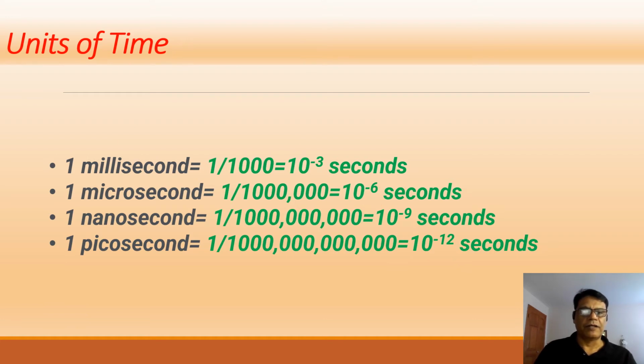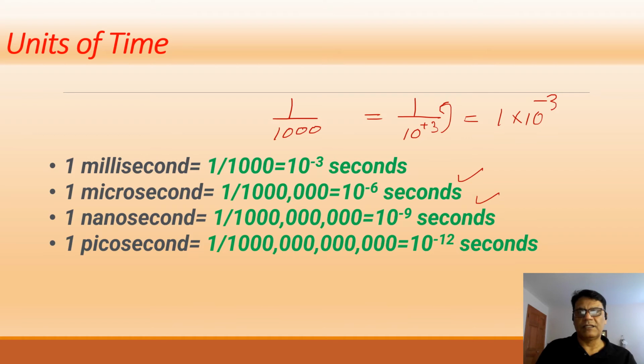And you can convert these. 1 millisecond means 1,000th. Similarly, 1,000 means 10 raised to power plus 3, and when you move it down, it will become 10 raised to power minus 3, and you will do the same thing with these quantities, and you can easily change them.